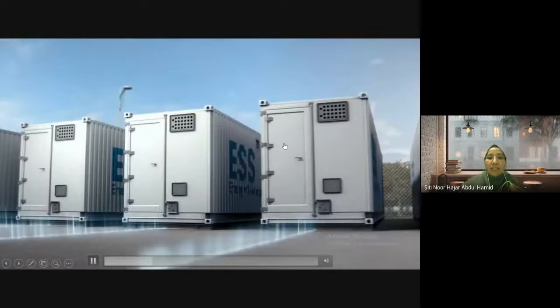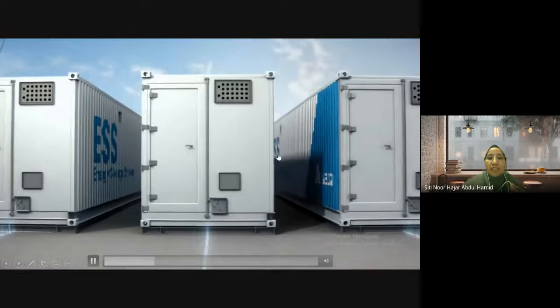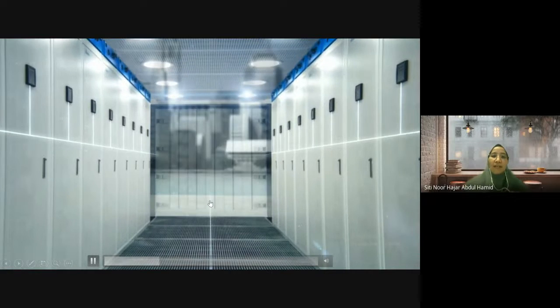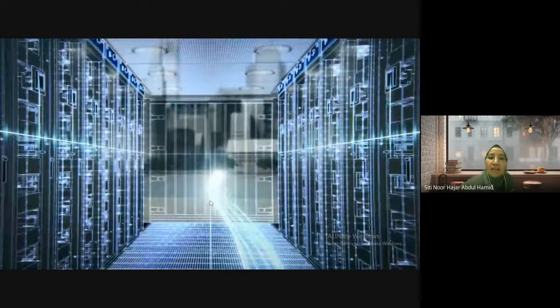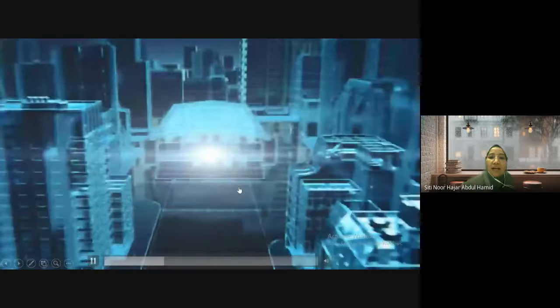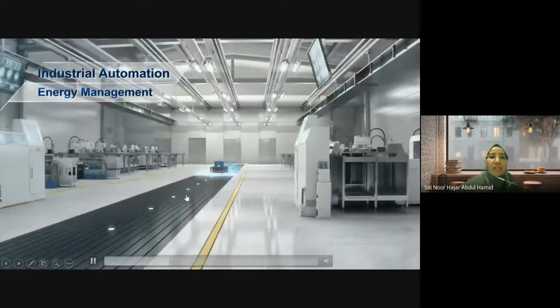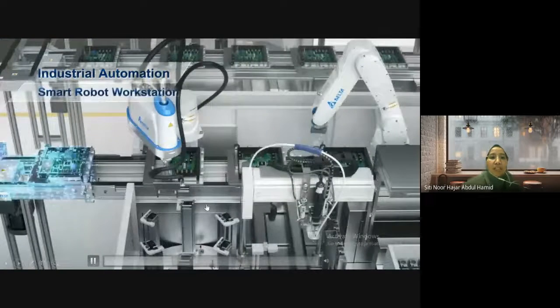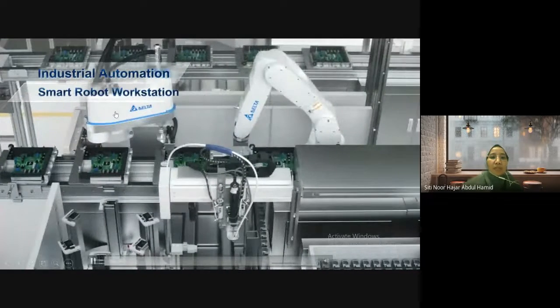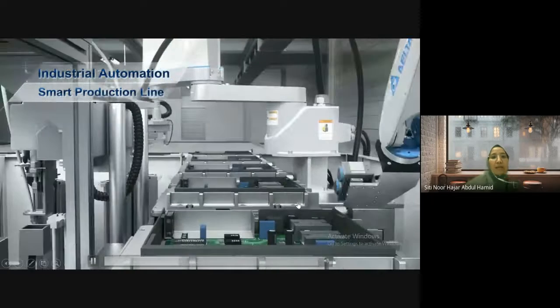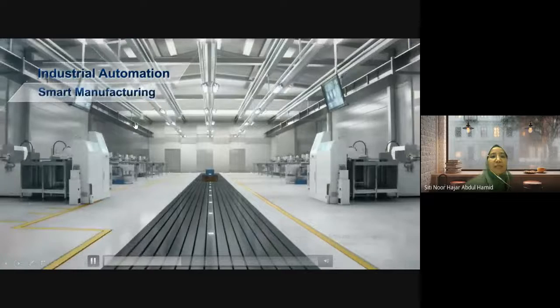All this system is to save energy. And we are also in industry automation. We have energy management in manufacturing, smart robot workstation, smart production line, and smart manufacturing.